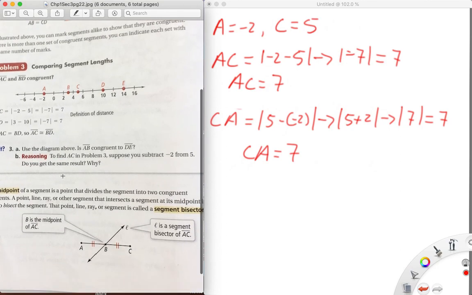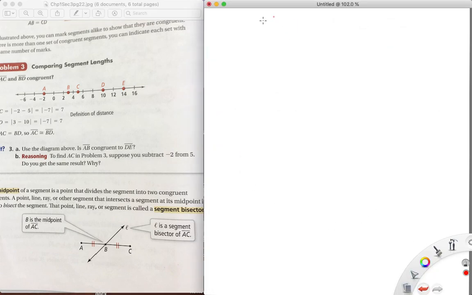Okay, we have the midpoint and the segment bisector. So a midpoint is a point in a segment.